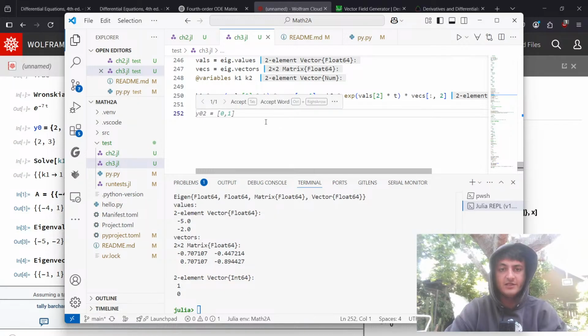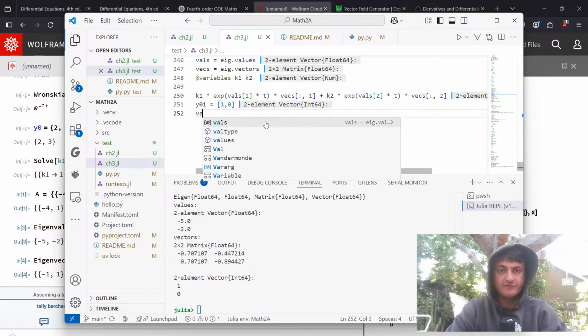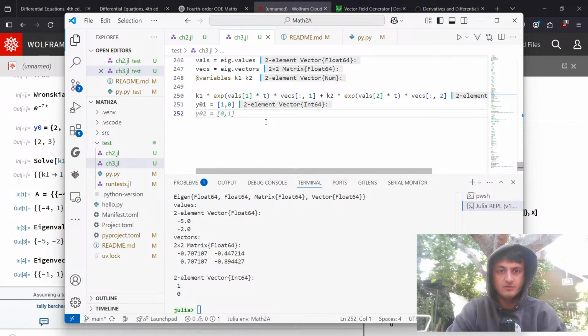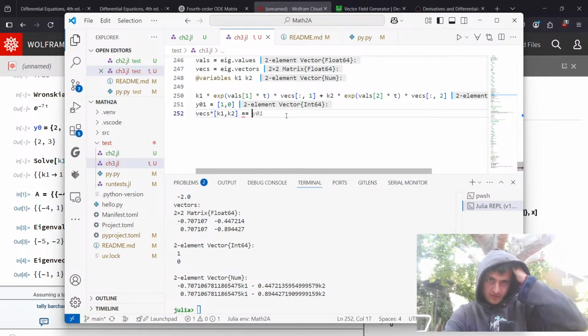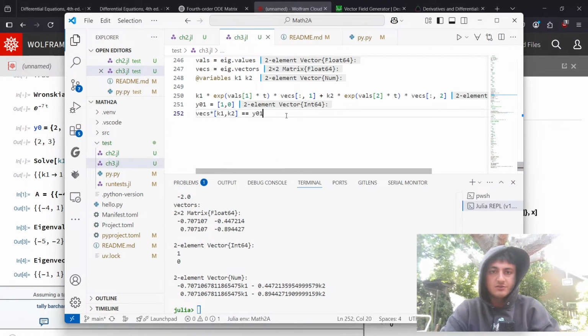So we're trying to find, I think, just V times (k1, k2) is equal to, and this is going to be, yeah, y(0).